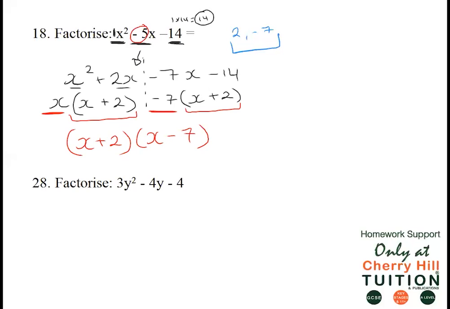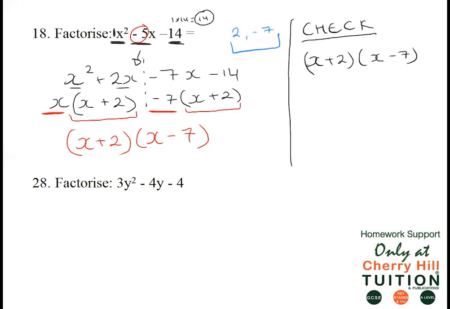Let's check this to see if we are correct. We have x plus 2 times x minus 7.